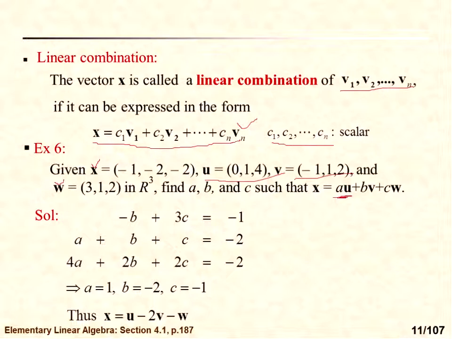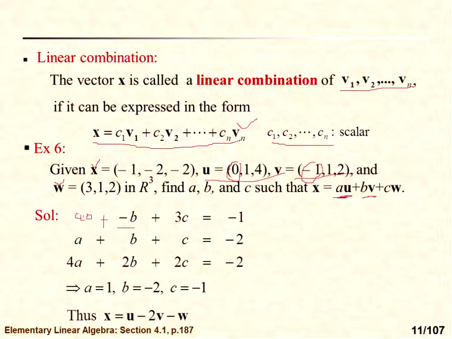First of all, I write au. a multiplied with u, the first element of u, so I multiply a into 0. So we get a into 0 over here. Then plus, next I multiply b into v.